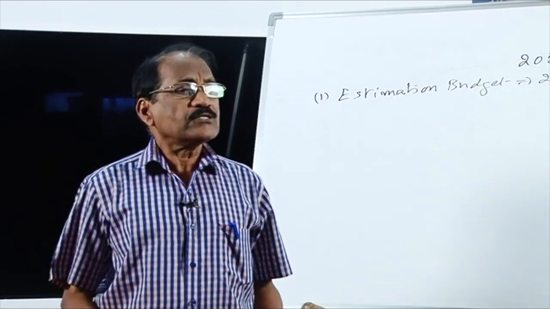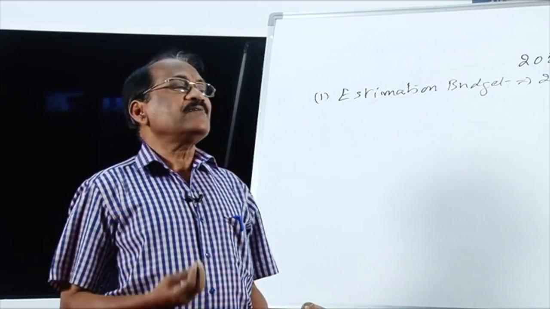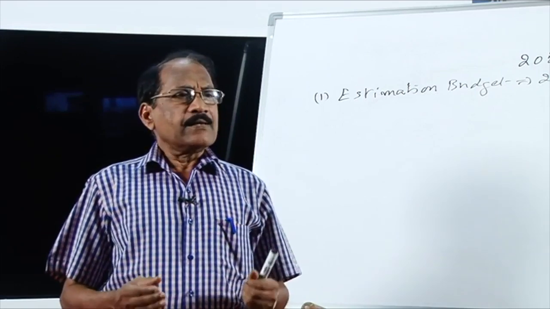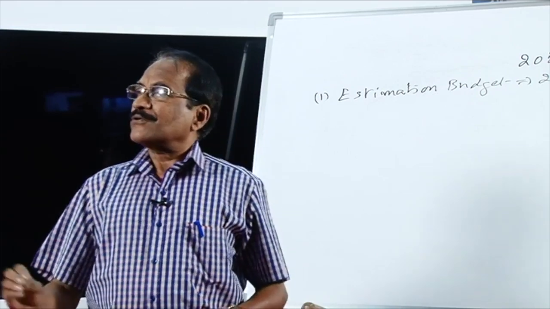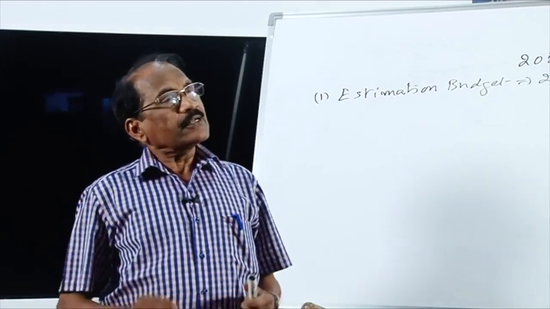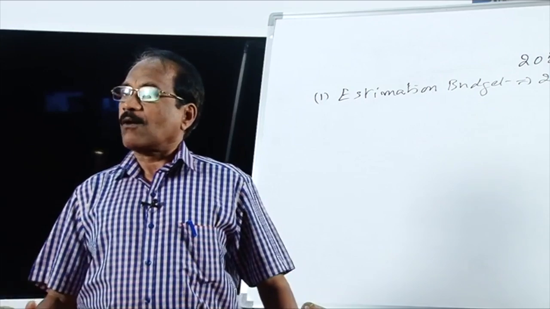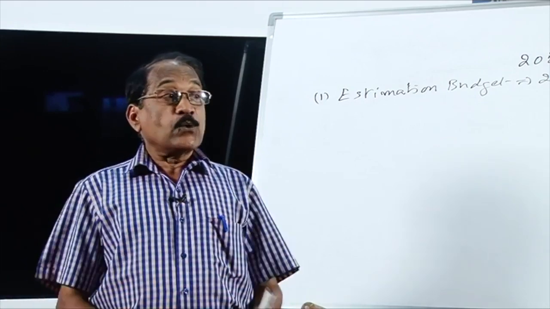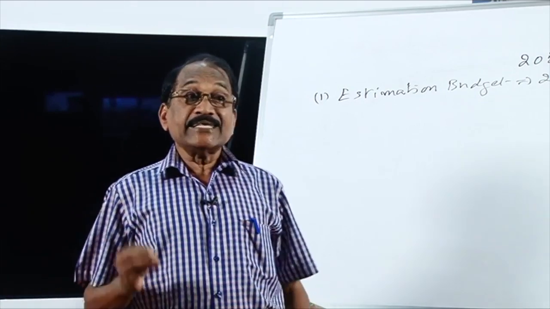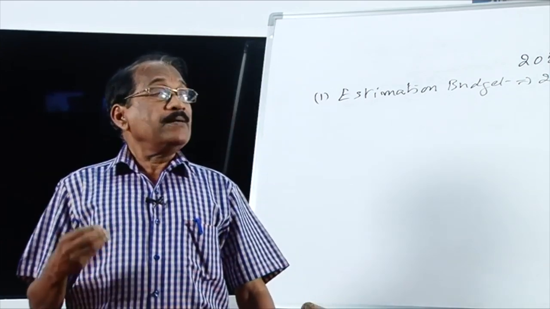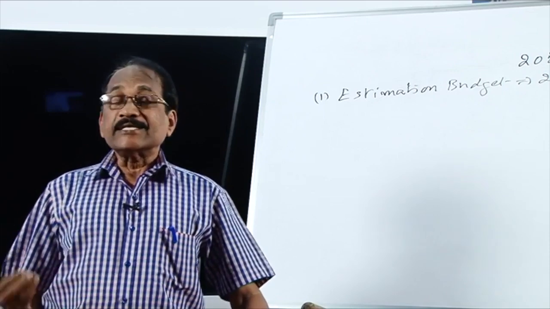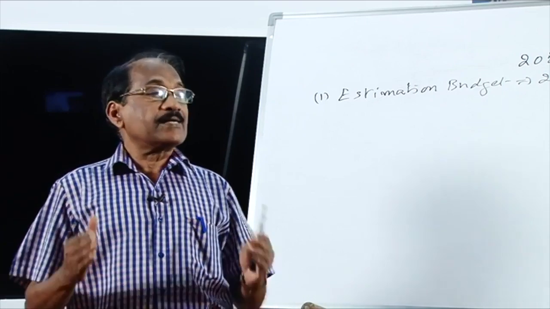Estimated revenue means, on the basis of previous experience, we expect that so much amount of tax resources and so much amount of non-tax resources we may receive in the next financial year also. But the figure is not exact. It is only an estimation, probable revenue that may be received during the next financial year.